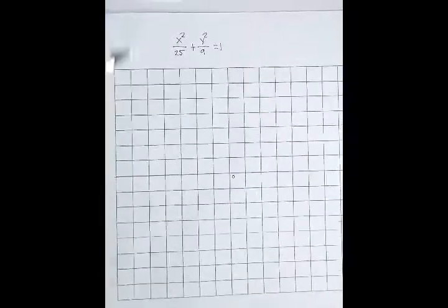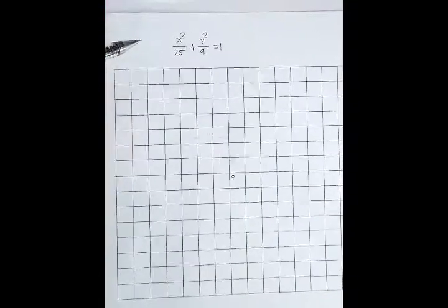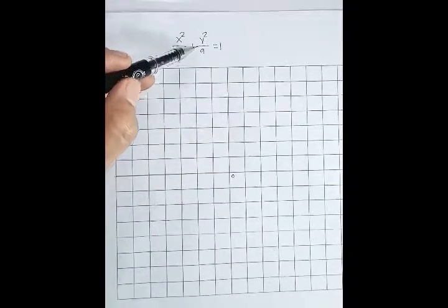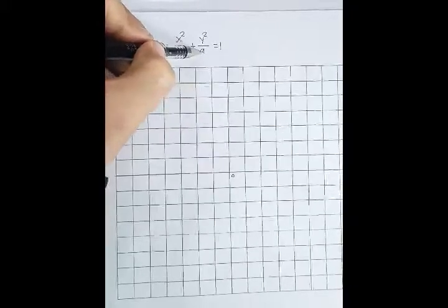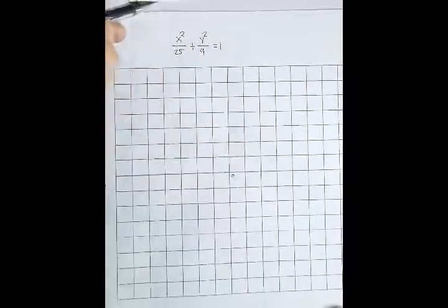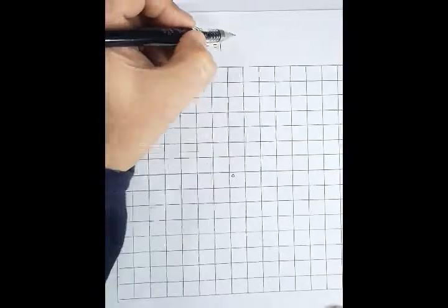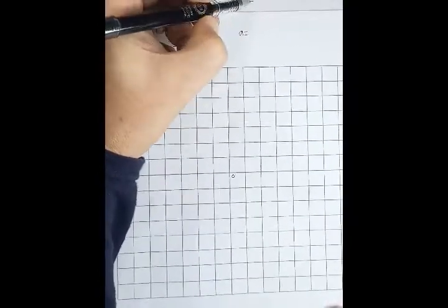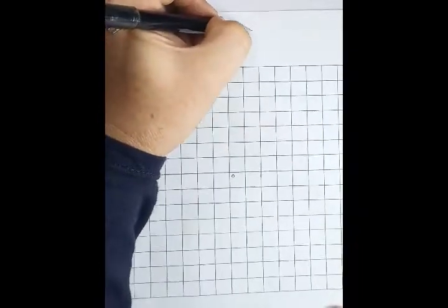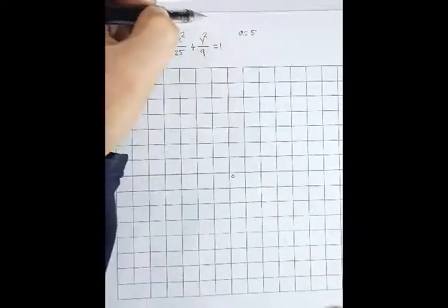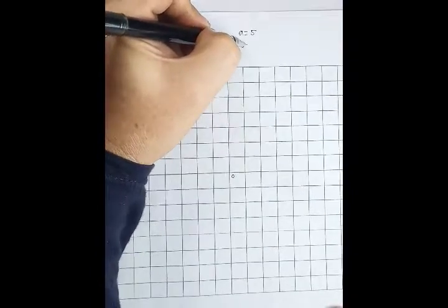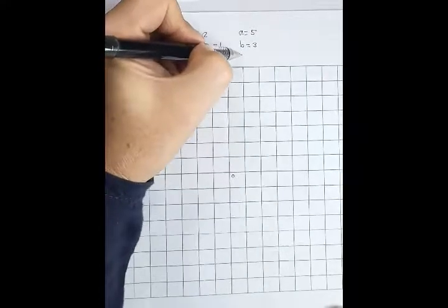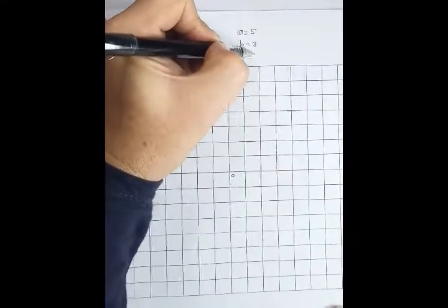Okay, so sa ganito. So we have now our ellipse x squared over 25 plus y squared over 9. Okay, so from our solution, ang atong a ini is equal to 5. Ang b is equal to 3, and then our c is equal to 4.